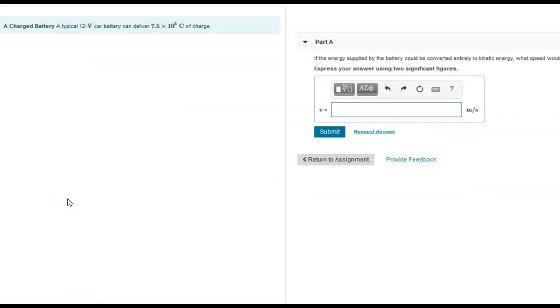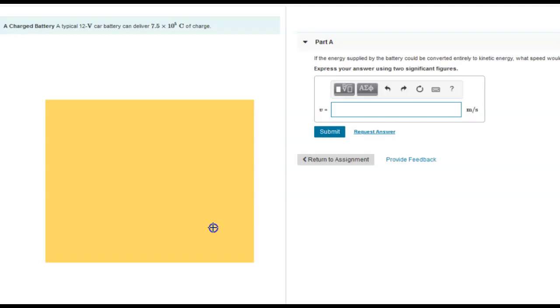Here we have the last question, which again is about electric potential energy. Just like gravitational potential energy, it can be converted into other forms of energy. So here, what it's really asking is about finding the electric potential energy and then converting that into kinetic energy.